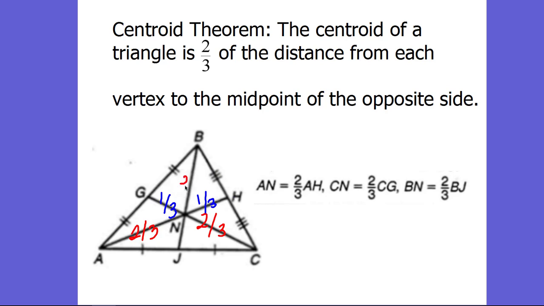And then this is the 2/3 part for that median, and this is the 1/3 part for that median. So the centroid is going to divide those medians in a 2-to-1 ratio. So it's dividing them proportionally. This is 1/3 of the length of the median, this is 2/3 of the length of the median.